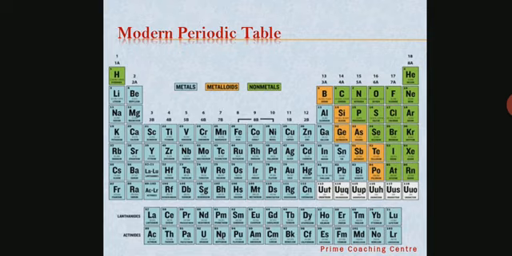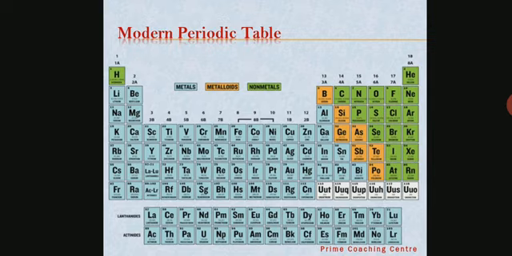So in the modern periodic table there are 18 groups and 7 periods. But in Mendeleev's periodic table there were 8 groups and 6 periods, and moreover each group was subdivided into A and B. So these are some of the differences.